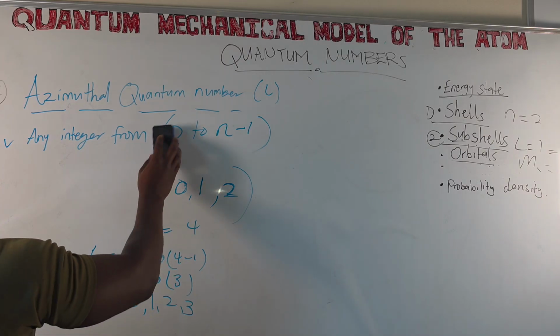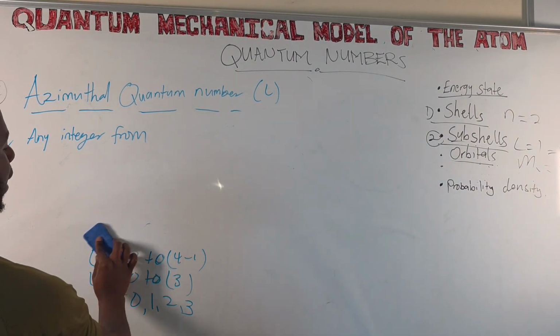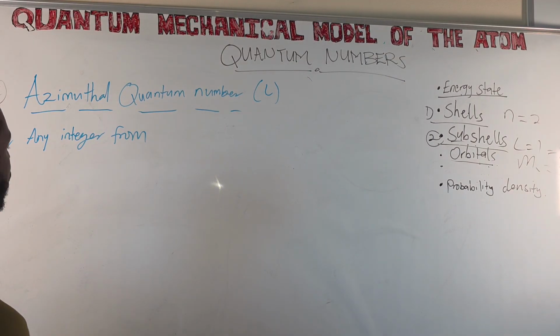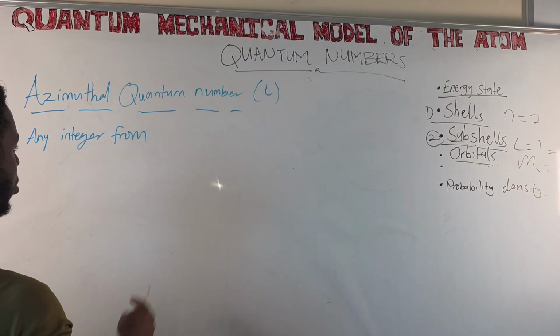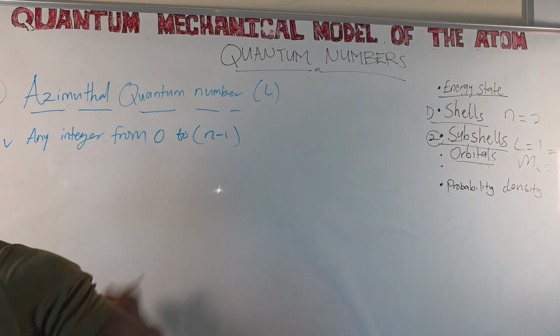But there is something that I really want you to keep in mind, so that it will be easy points to score on the MCAT. So any integer from 0 to n minus 1.